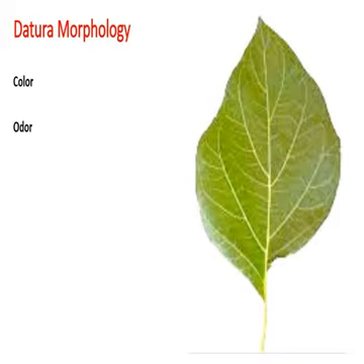Odor. We can determine the odor by crushing a fresh sample of leaf, and it can be observed that the odor is characteristic. Characteristic means such kind of odor is not seen in any other plant.